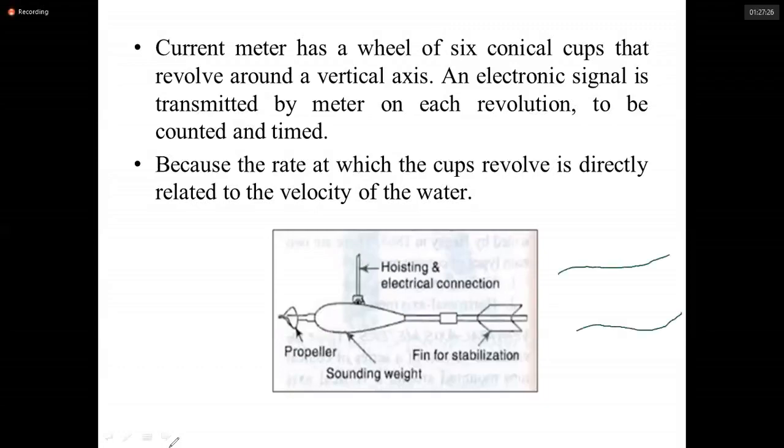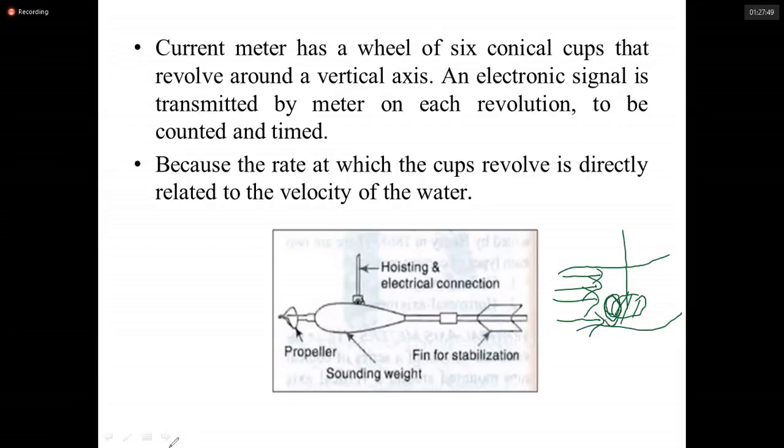Here the stream is moving in this direction. Here you insert your current meter. The cups are here. If the speed of this stream is very high, what will happen?